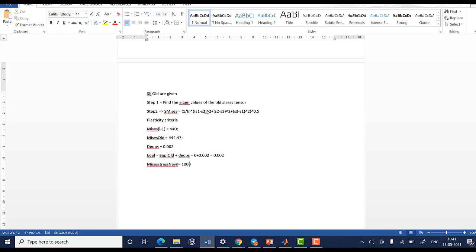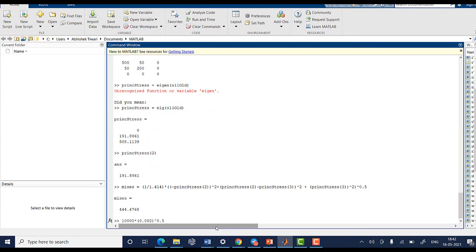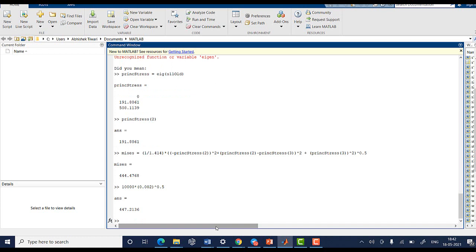So we have 10,000 into 0.002 to the power 0.5. I don't know the value of this, so let us see. Copy and paste. So it is 447.21. Oh, the stress value is smaller? How is this happening?